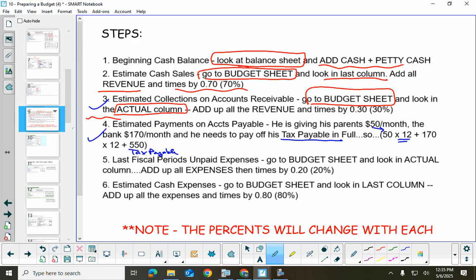I should be doing check marks every time I get one done. Number 5, almost there. Last fiscal period's unpaid expenses. So what do I still owe from before?